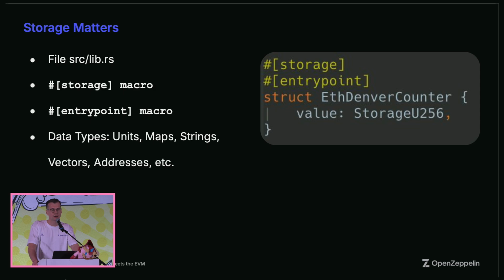The second macro is entrypoint. This macro generates for us all the code that we need to interact with our Stylus smart contract. Of course, that's a very basic contract, but once building our own, we can use any data type that we know from Ethereum, like integers, maps, strings, vectors, addresses, anything that comes to our mind.